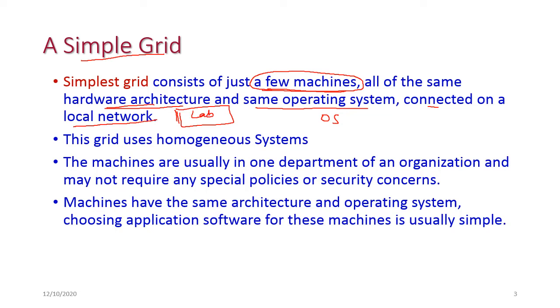We can construct the simplest grid with very few machines, those configurations are similar, and those systems should have the same operating system. And the grid uses homogeneous systems. Homogeneous systems means similarly configured systems.